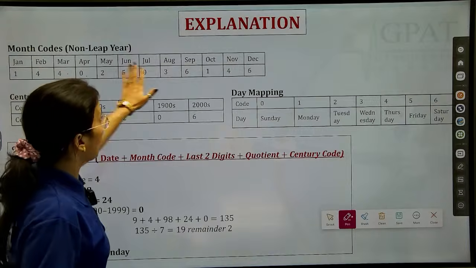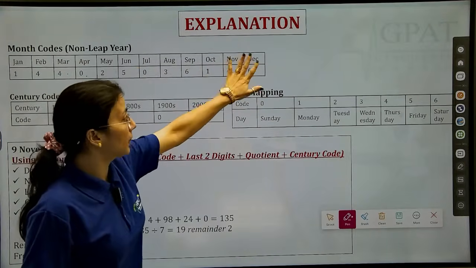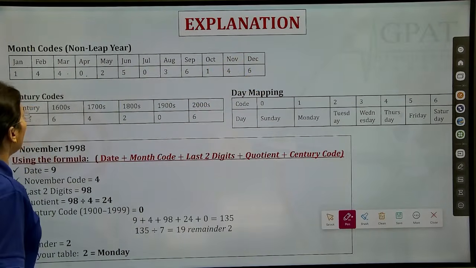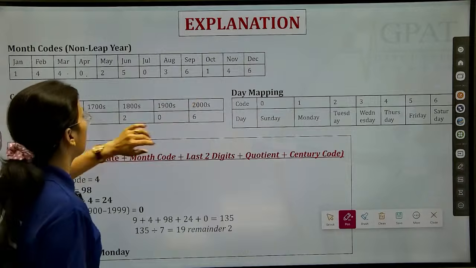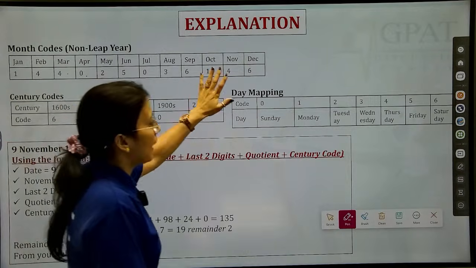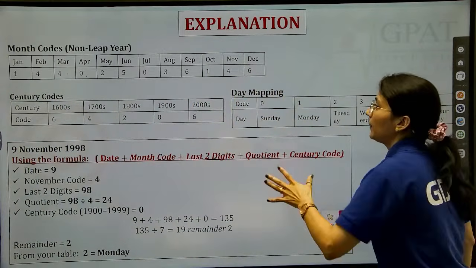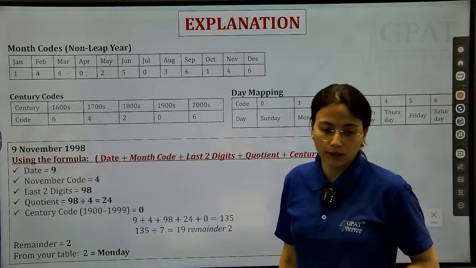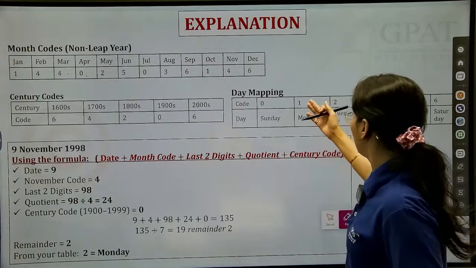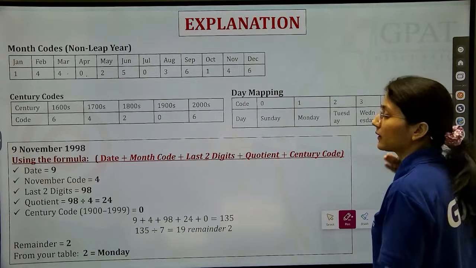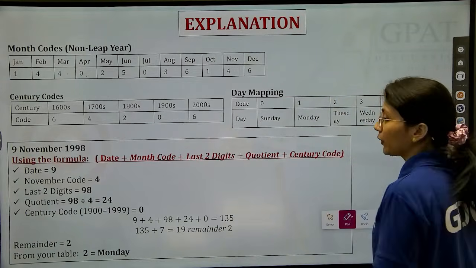So for every month we have some code. Similarly for century, like 1600, 1700, 18th, 19th, 20th century, we have also some codes, and we have day mappings: 0 for Sunday, 1 for Monday, 2 for Tuesday, 3 for Wednesday, and similarly 6 for Saturday.